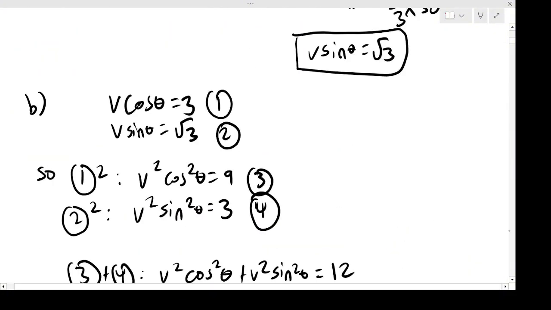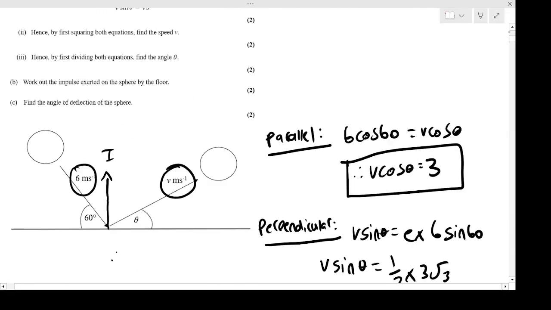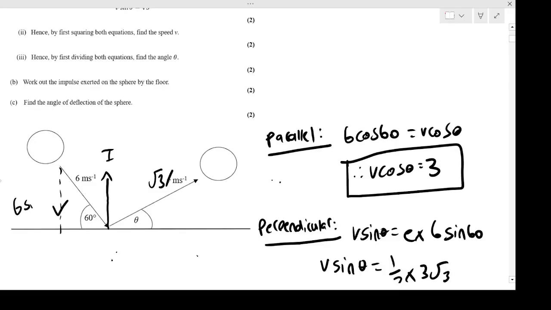So v, by the way, was root 3. So if I just call this root 3, the speeds for the impulse are not going to be root 3 and 6, okay? Why? Because they're not perpendicular. But what is perpendicular? What speeds are perpendicular? It's going to be these speeds vertically, right? So it's going to be 6 sine 60 here, and root 3 sine theta here, okay?